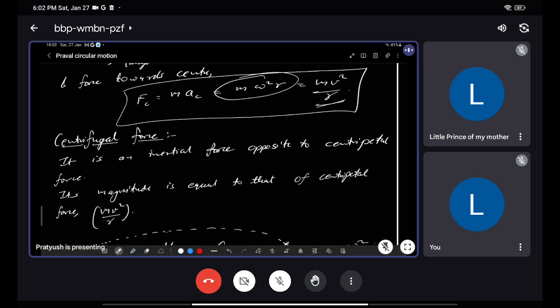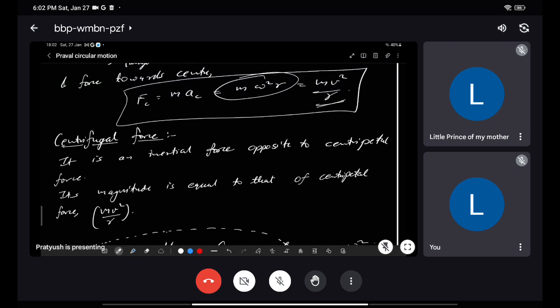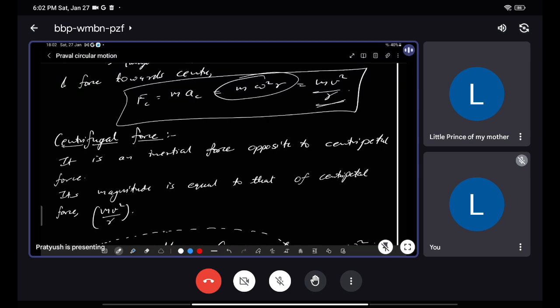Centrifugal force it is called in case of circular motion only. Centrifugal force is the name of inertial force in circular motion.